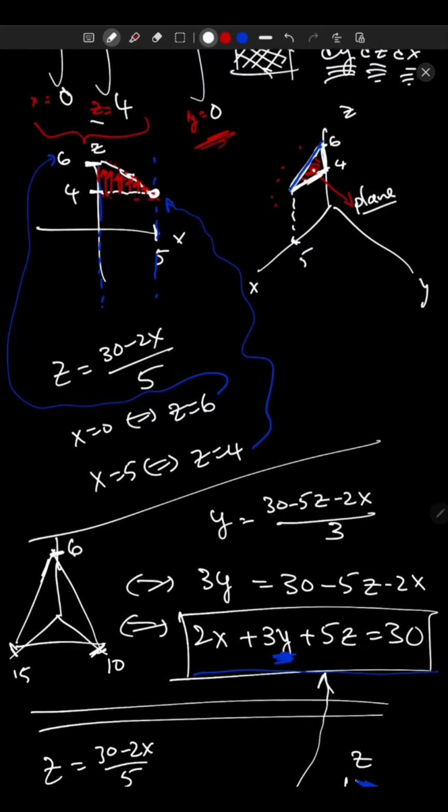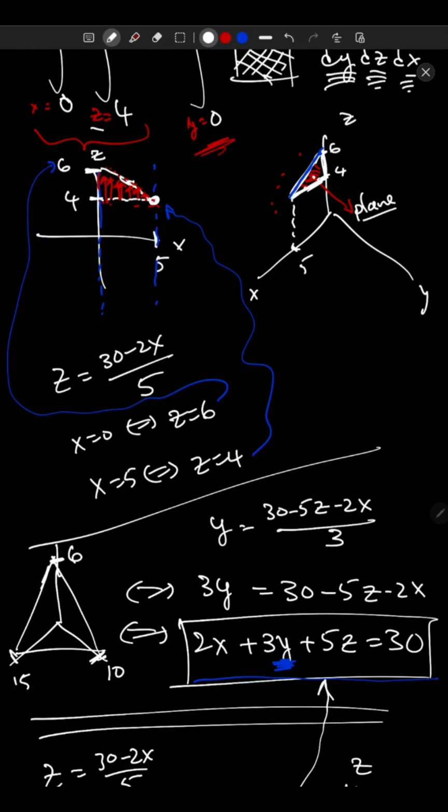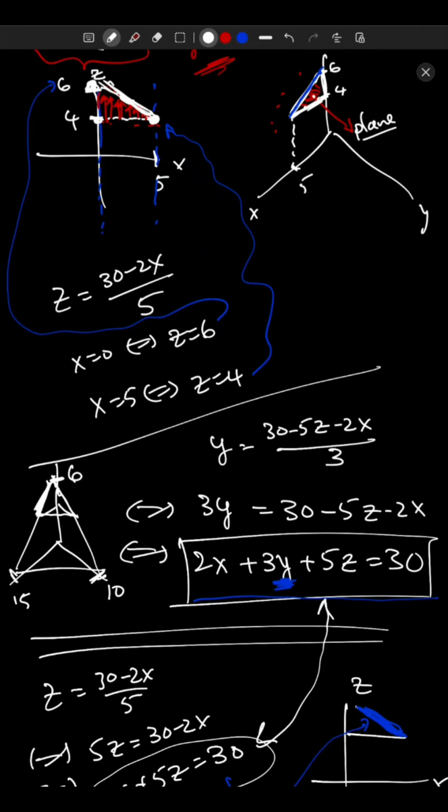So it actually looks like that. What we've discovered is that this portion up here, our triangular region, starts at 6, goes down to 4, and here's at 5. This portion here is exactly the same as that portion there. So we're actually integrating this triangular top, the tip of this tetrahedron here.